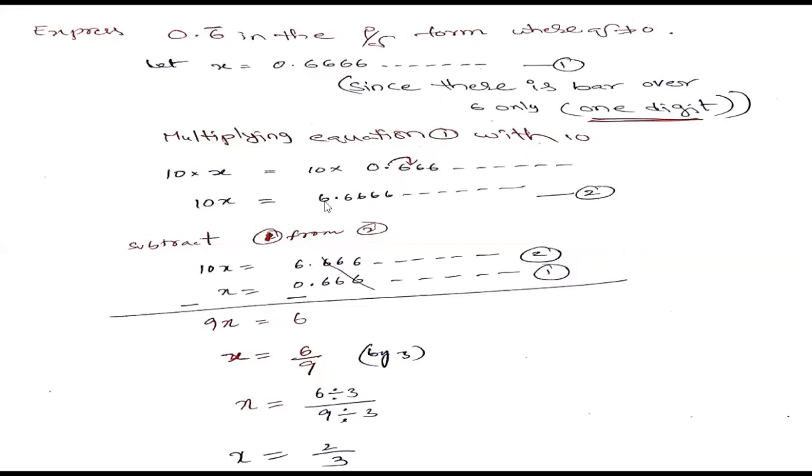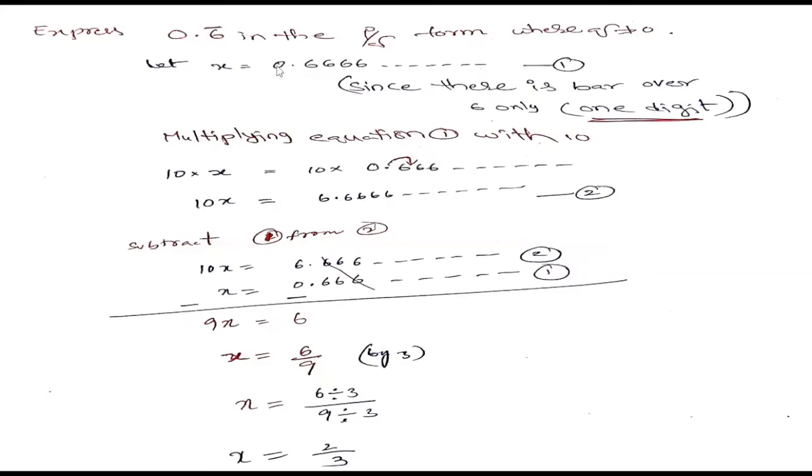So the answer is 6.666. Here I wrote 3 only, I wrote 4. No problem, you can write as many as you want after the decimal point. So 666 like that. Equation 2. Clear? Subtract equation 1 from equation 2. Equation 2: 10x is equal to 6.666 and so on.